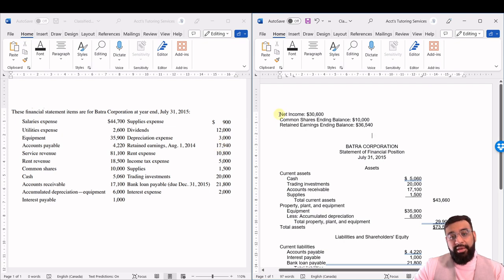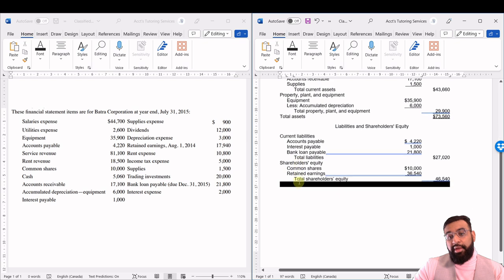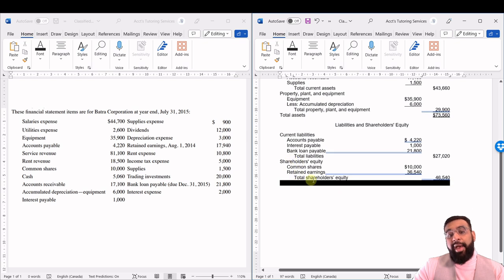We're adding net income of 3,600. We're subtracting dividends of 12,000 to arrive at 36,540. These balances are from the statement of changes in equity, and they go directly onto the balance sheet under shareholders' equity.